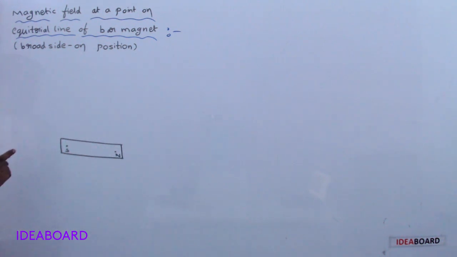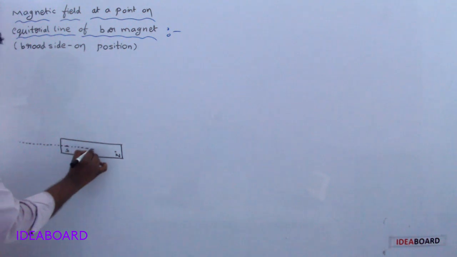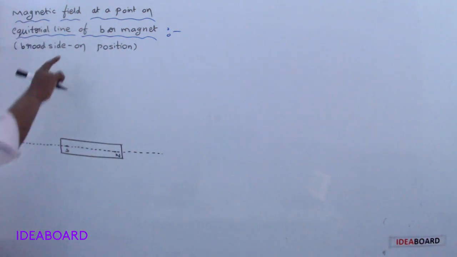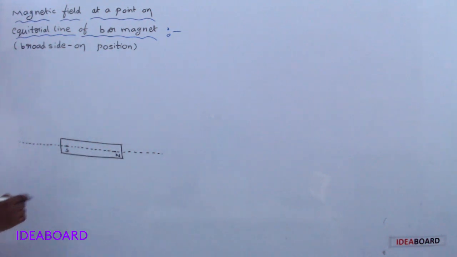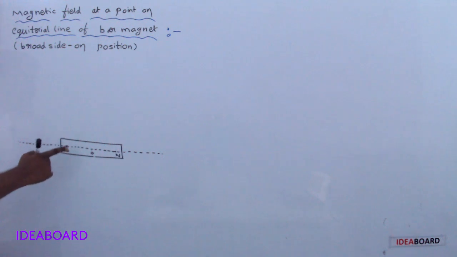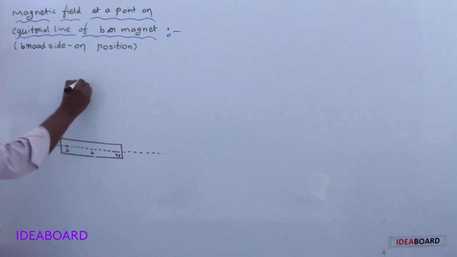Then what is the equatorial line? The line which is perpendicular to the axial line. So this is the axial line now. The line which is perpendicular to the axial line and passing through the midpoint of the magnet.